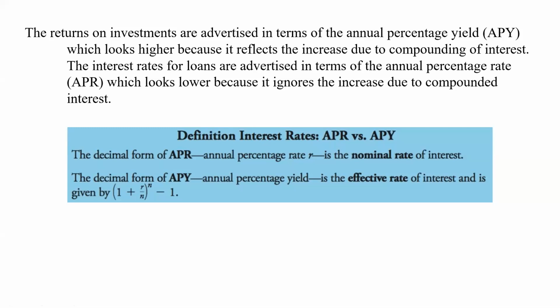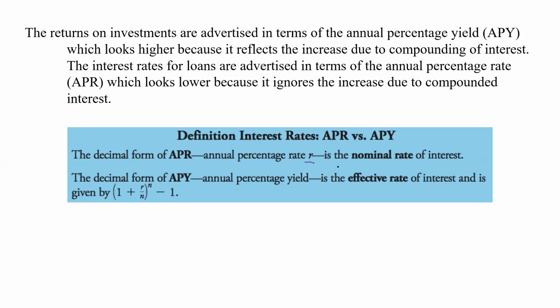But we have a formula to get the APY versus just a plain old percentage rate, which is the APR. So the interest rate for loans is advertised in terms of the annual percentage rate, again, which looks lower because that ignores the increase due to compounded interest. So looking at them, the decimal form of APR is just the annual percentage rate, r, okay?